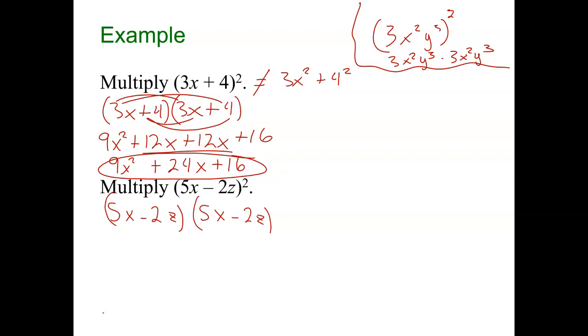So what's my first part? Close. 25x squared. 5x times 5x. Then what? Minus 10xz.